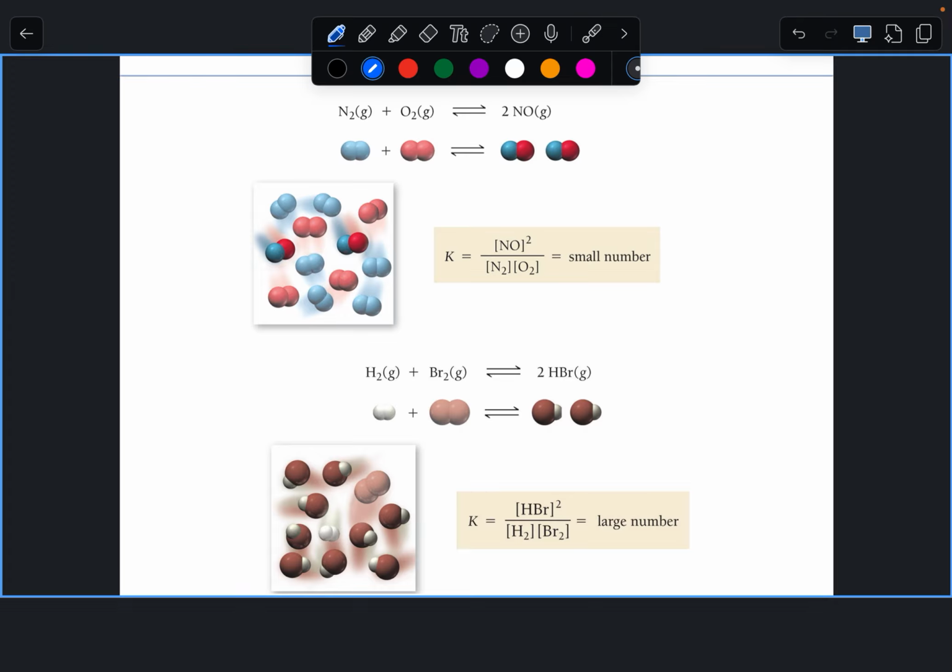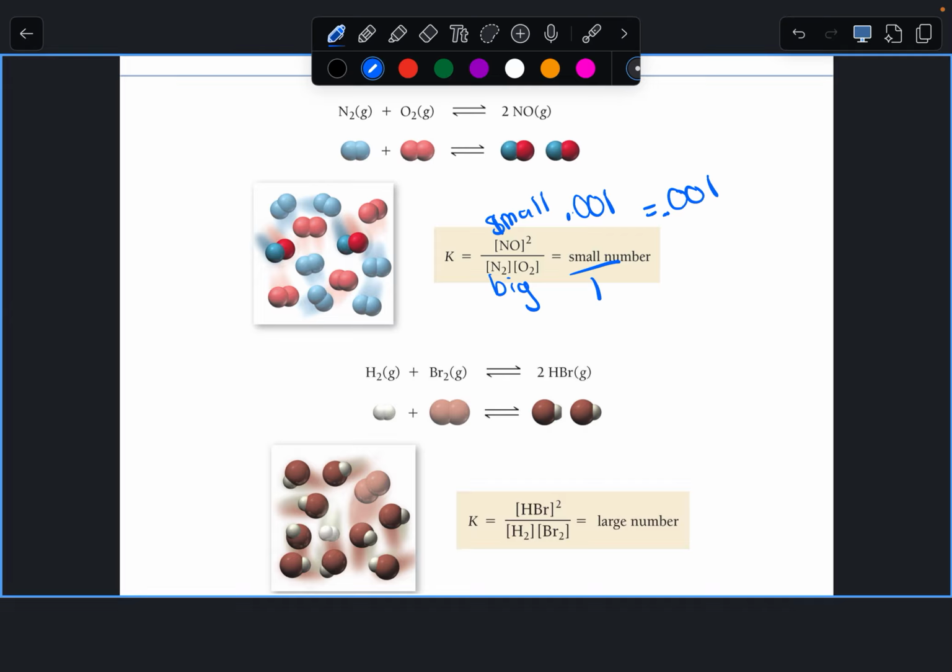So there's lots of reactant left over, but not very much product made. It's like there's a small number on top and a big number on the bottom. So maybe this is like 0.001 over 1, which is equivalent to a relatively small number.